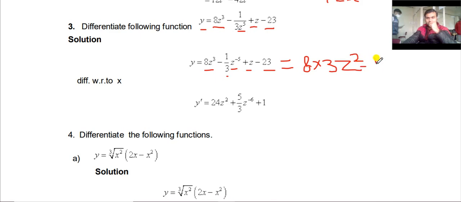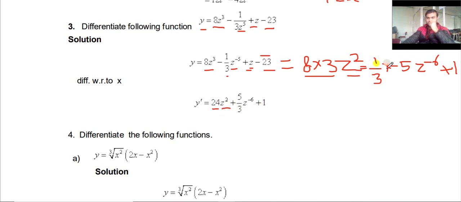Then we write minus 1 by 3, and the power of z is minus 5, so we write minus 5, and z to the power minus 5 minus 1, so it is minus 6, plus the differentiation of z with respect to z is 1, and minus 23 is constant, so its differentiation will be 0.